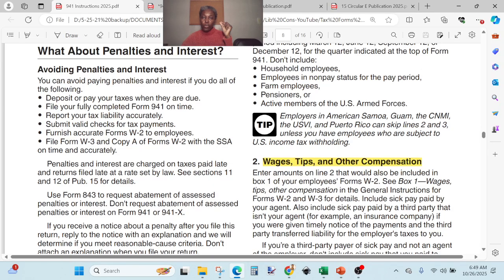You want to have that slip, your receipt from the post office, and you can just staple it to the copy of your form that you keep in your business record. That's where you have everything together.